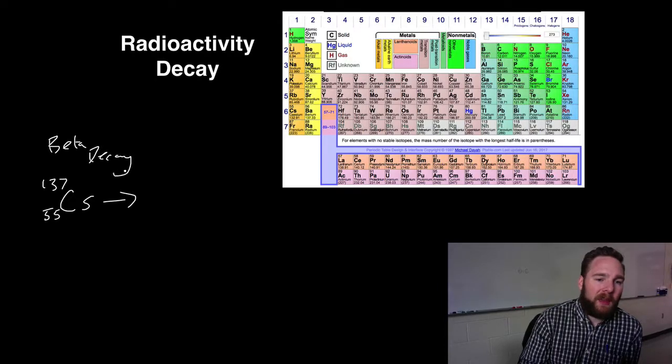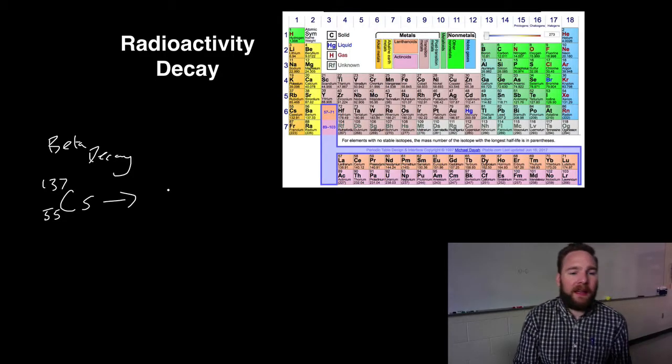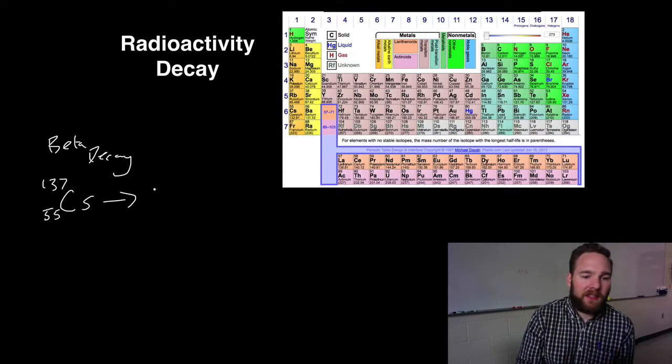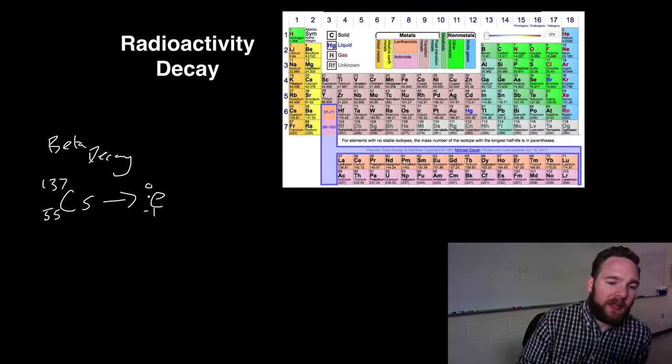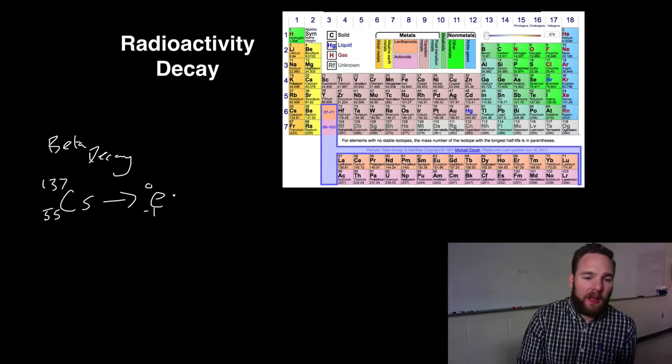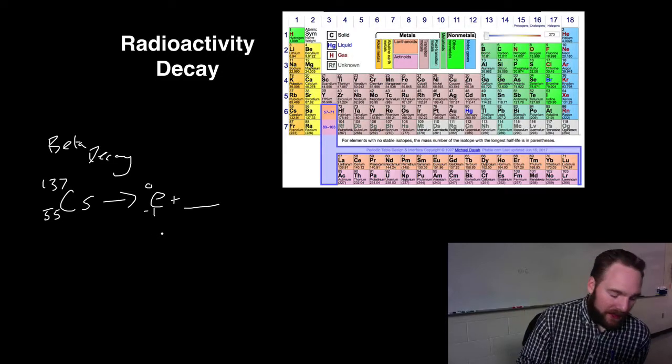So in a beta decay problem, we know beta decay has an electron that's taken from cesium, so that would look something like this, right? So it's got a charge of -1, it's got a mass of nothing. So we need to figure out what is going there, right?